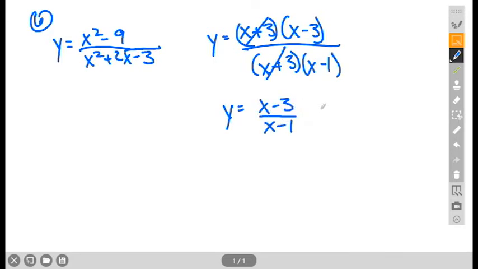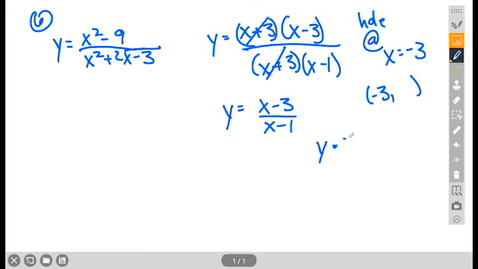Now, the point of discontinuity is going to be where we crossed it off, okay, at -3. There's going to be a hole at x equals -3. That's the factor that we crossed off. So if we want to know what the y coordinate of that hole is, we just need to plug -3 into this right here, x minus 3 over x minus 1.